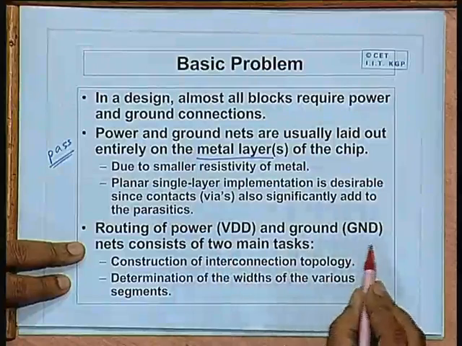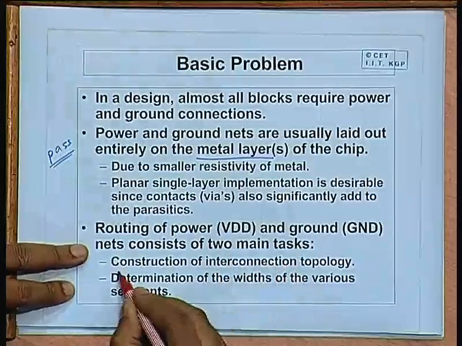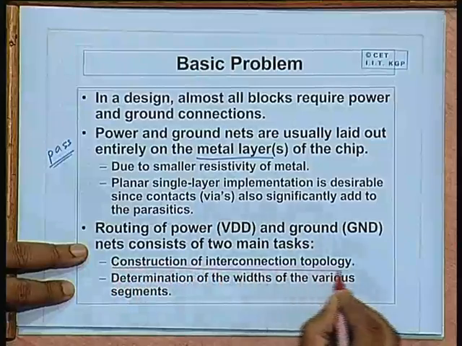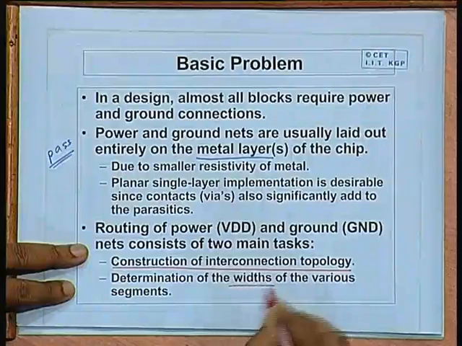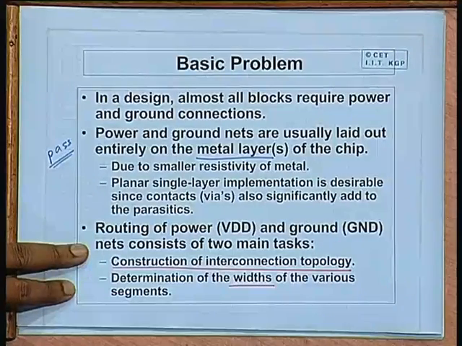So, here we shall be looking at some of the interconnection topologies. We will be basically looking at two things: construction of the interconnection topology, and after the topology is constructed, you will have to estimate the current that needs to flow through the different segments of the tree and accordingly size the widths of the individual segments.